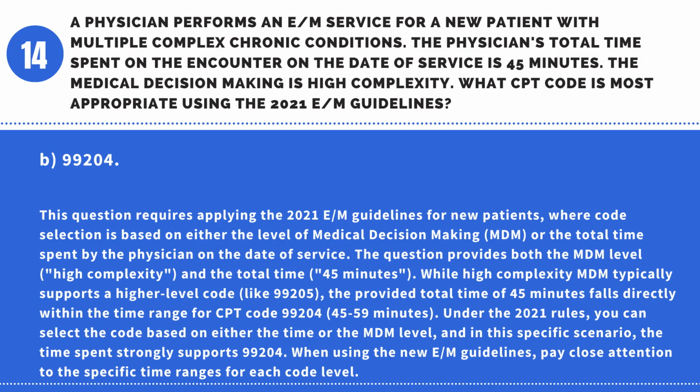This is a challenging question precisely because of the potential conflict between time and MDM levels under the 2021 guidelines. Given the provided answer is 99204, the explanation must justify this. The most plausible justification is strictly adhering to the time component provided, which directly matches the time range for 99204. Answer, B, 99204.